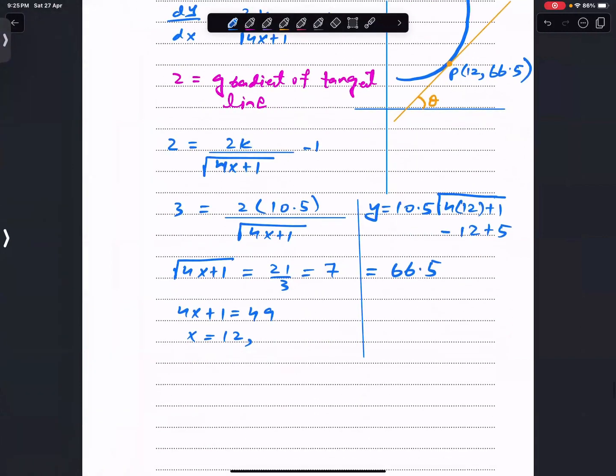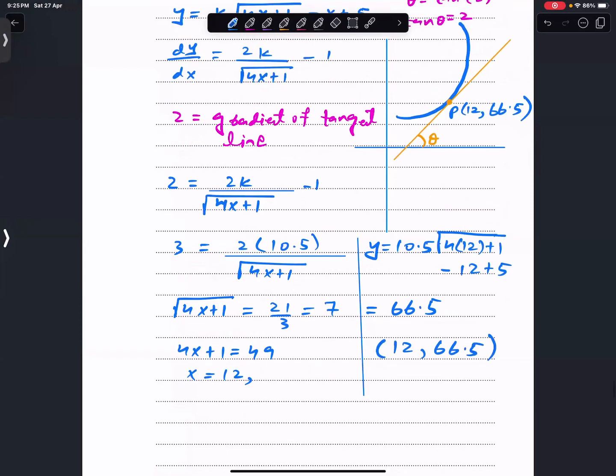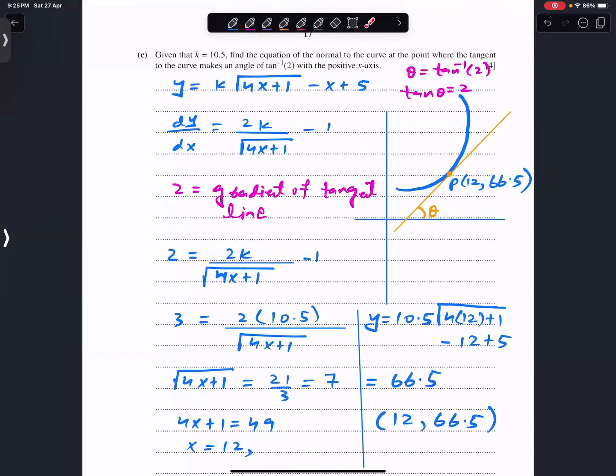So my point will be 12 comma 66.5. Now see what the question is. We have to find the equation of the normal to the curve at this point. As we know, the gradient of the tangent is 2. So for the gradient of the normal, let me draw, this red line is my equation of normal.